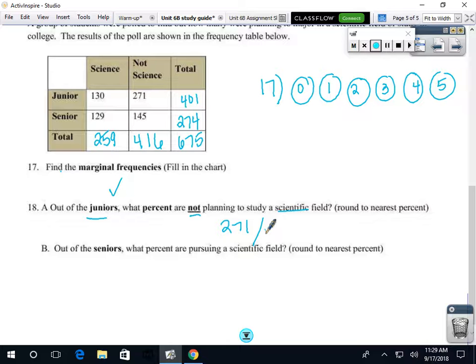Right. So this is only out of juniors. How many juniors are there? 401. So you divide by 401 because we only care out of the juniors what are not planning to study science. So look, out of the 401 juniors, 271 of them are not doing science. So 271 divided by 401 is what?